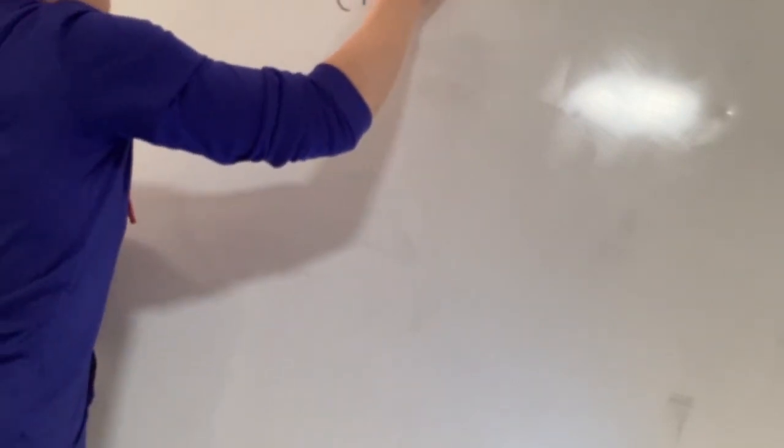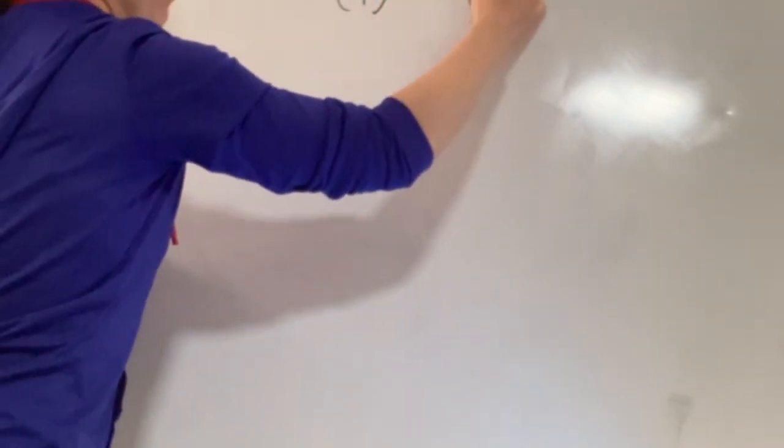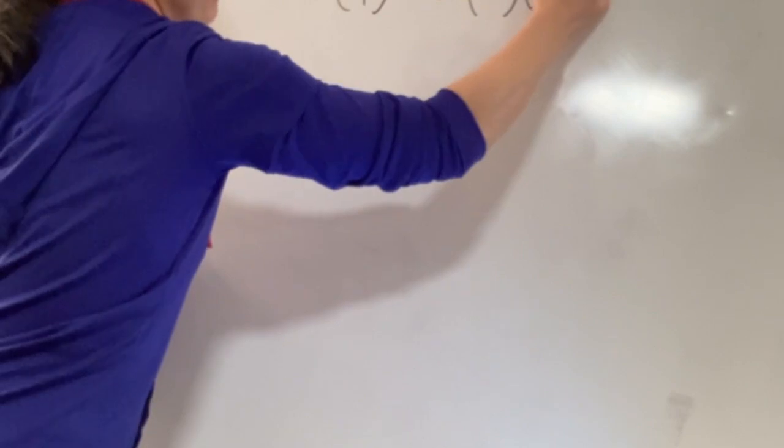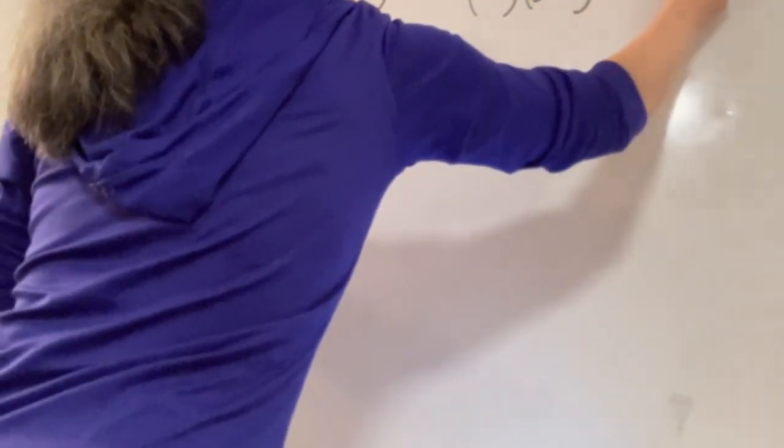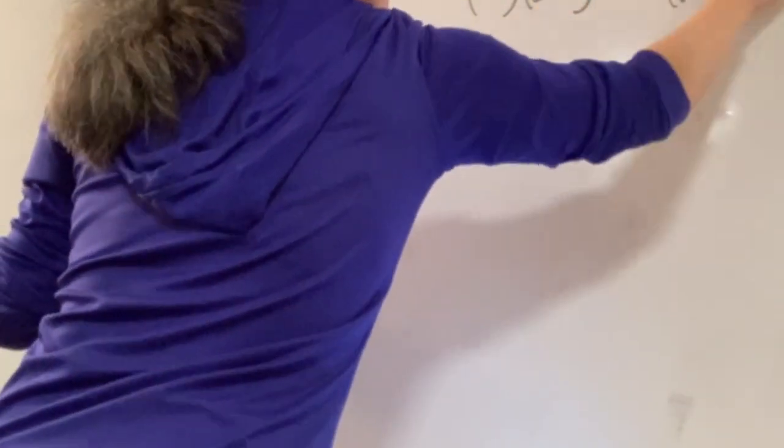Okay, the short way of doing it is 4 squared, minus 2 times 4 times root 3, and then plus root 3 squared.